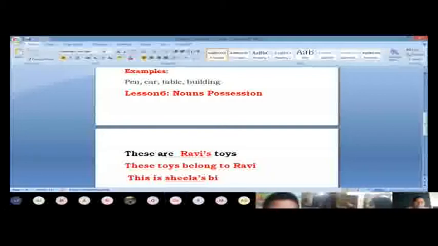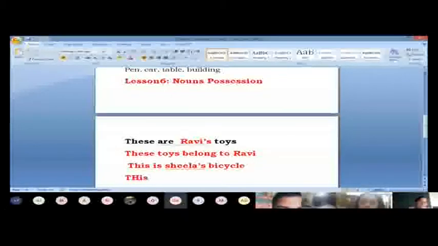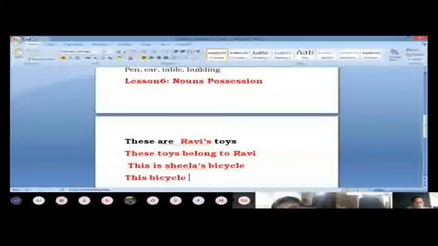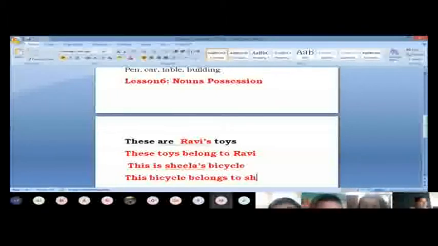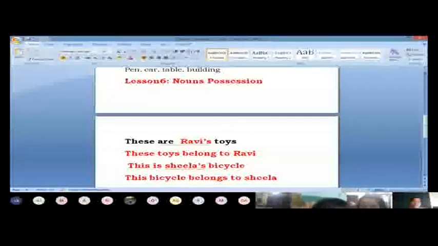This bicycle belongs to Sheila. So you see here, Sheila's. It is a belongingness.